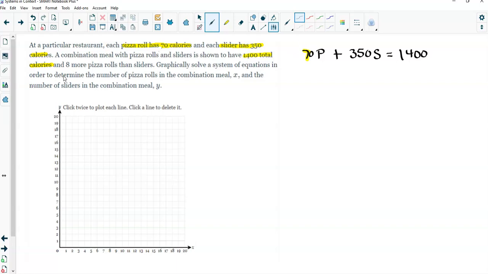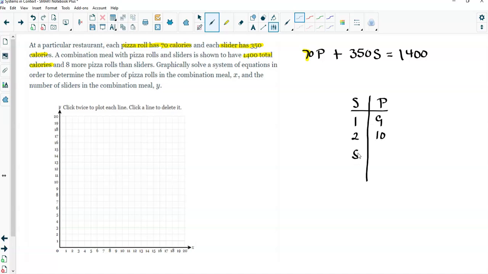The other one says that we have 8 more pizza rolls than sliders. So that means if we have a table with sliders and pizza rolls, let's look at this. If we have 1 slider, it says we have 8 more pizza rolls, right? So that would be 9 pizza rolls. So if we have 2, that would be 10.